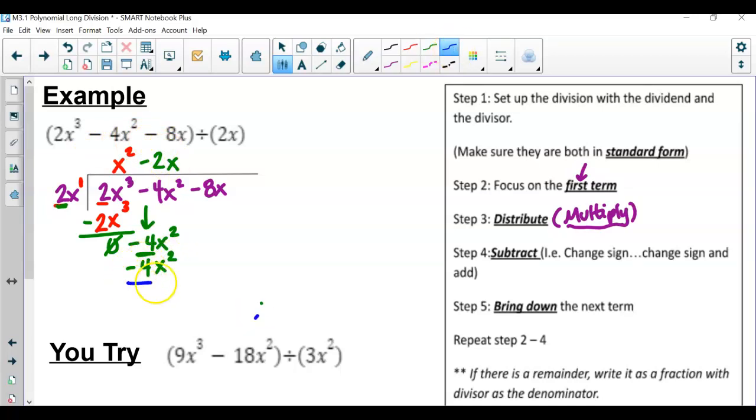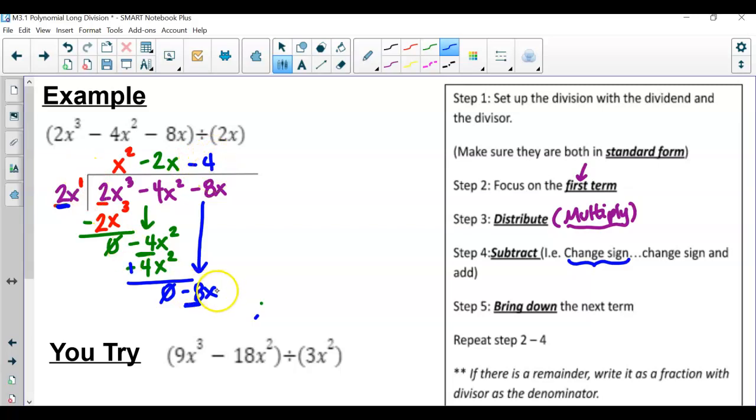So when I multiply, I do have negative 4x squared. And now notice we're not just subtracting. If you think about it, we're also going to change the sign. So that's not negative, but now a positive. This cancels out to give me my 0. Bring down negative 8x. So again, 2 into negative 8. 2 goes into negative 8, negative 4.